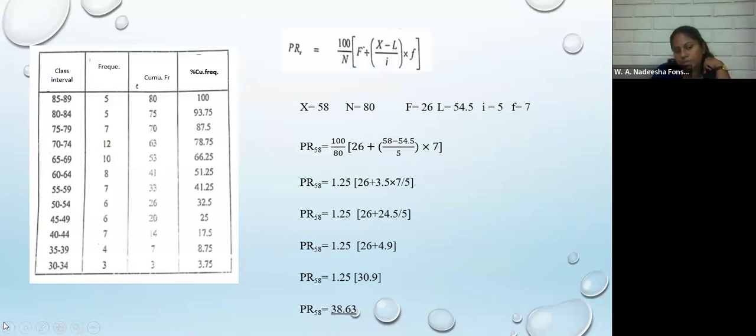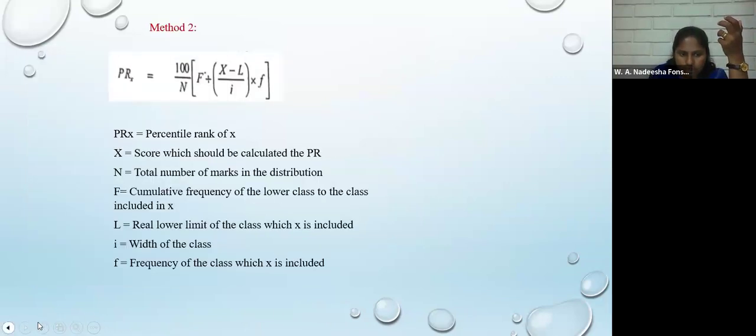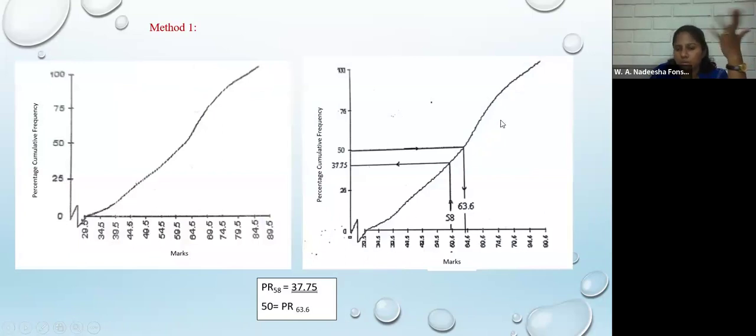So what will be the most accurate? Both are accurate, but there may be some slight differences, because when we draw the curves, there may be some approximations because of the squares in the graph paper. Therefore, there may be some slight differences in the answers.